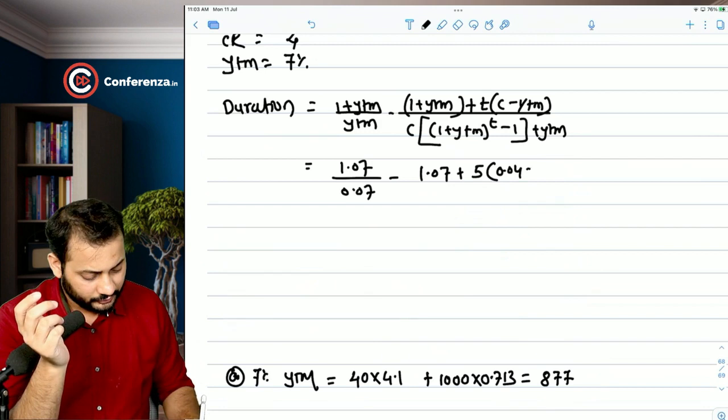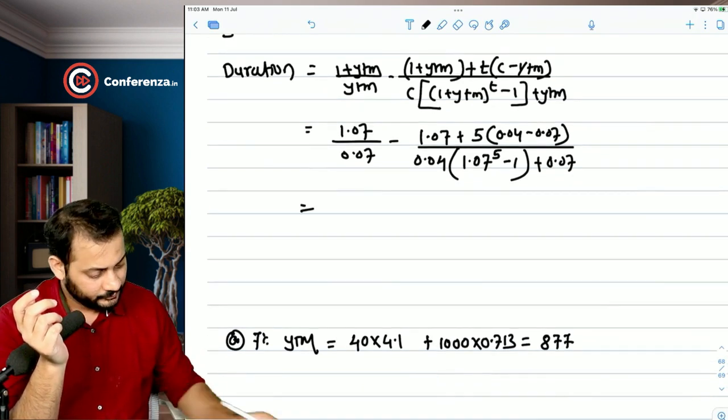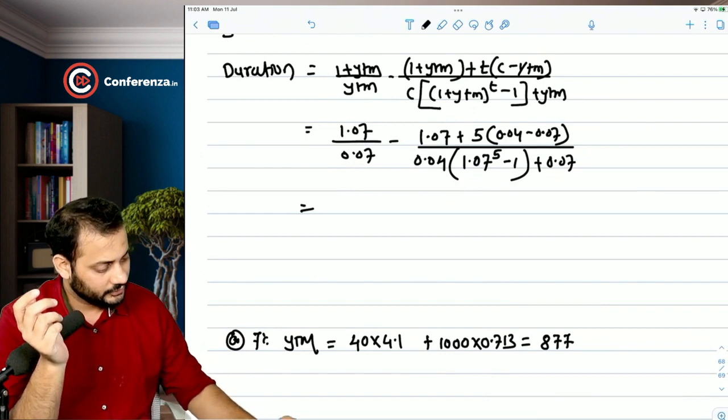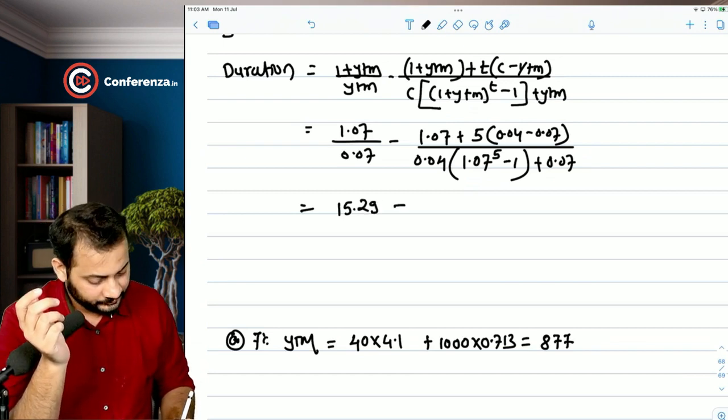Coupon rate is 0.04, minus 0.07 which is the YTM, divided by coupon 0.04, inside the bracket 1.07 to the power 5 minus 1, plus 0.07, if I'm right. These are all the calculations that we have already discussed, so I'm not spending time on this. Just focus on the calculations.